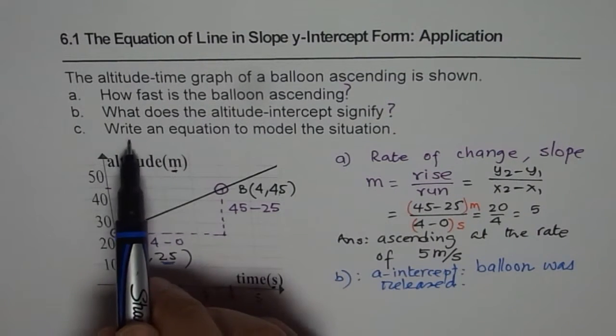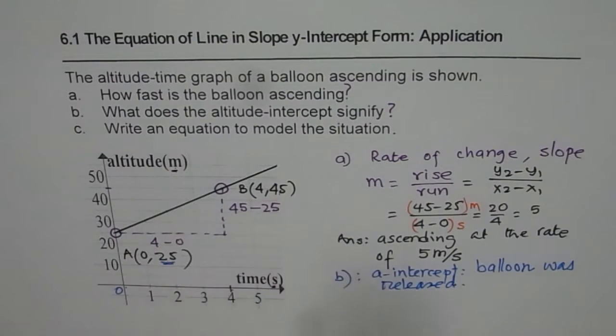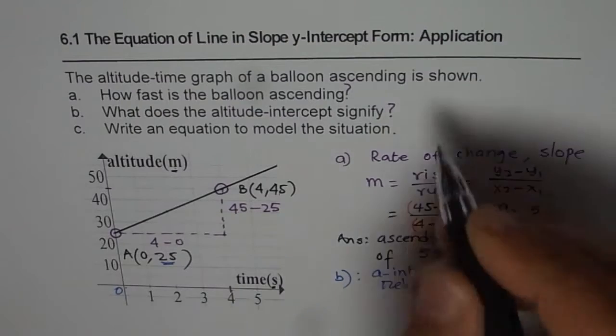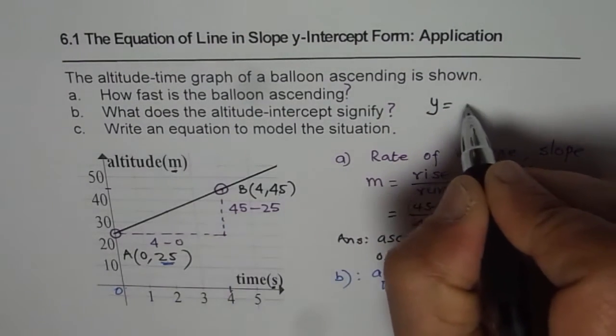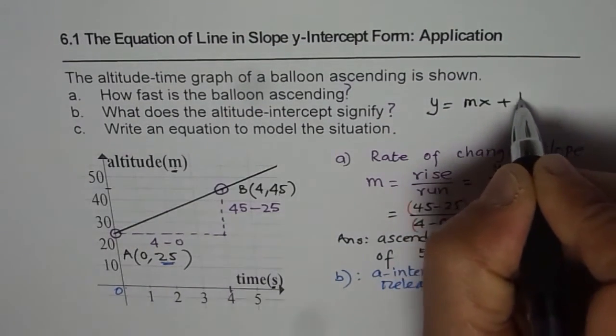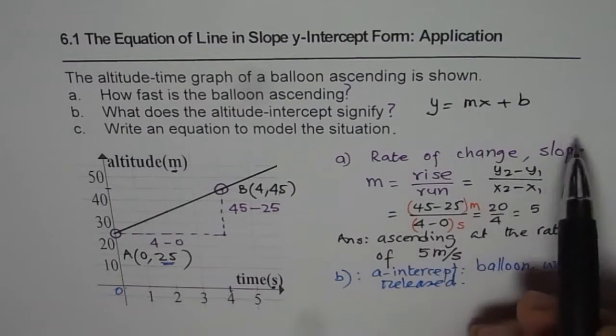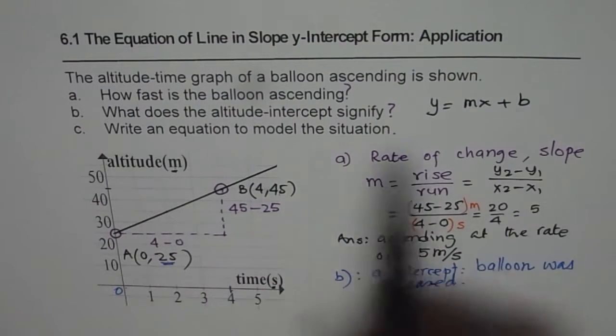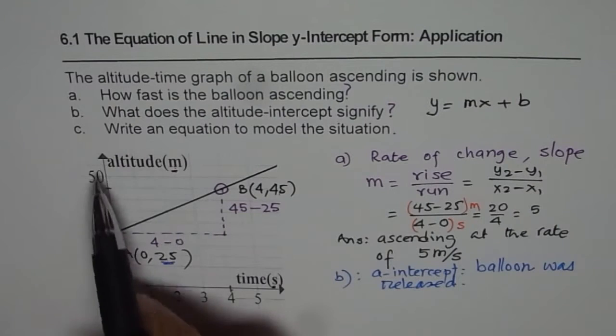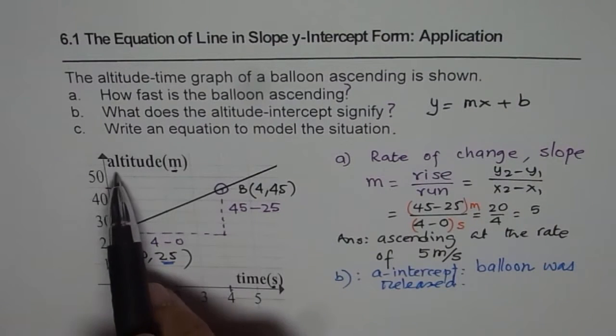Now part C is, write an equation to model the situation. If you compare all this with the general form, slope-intercept form is y equals mx plus b, where m is slope, in this case rate of change, and b is the intercept on the y-axis, which is representing altitude.